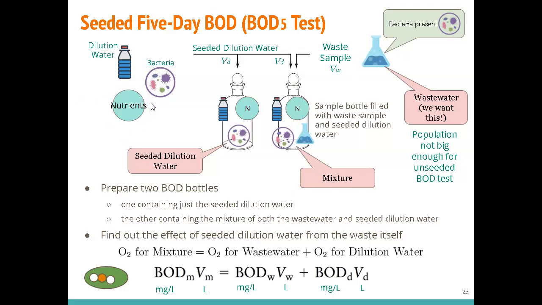And then also we add some nutrients to facilitate the process. Okay, so the first bottle is supposed to be like a control experiment, right? Seeded dilution water, seeded meaning adding microorganisms, dilution meaning adding dilution water, and also nutrients. And we do the same to the second bottle, add these 3 things.